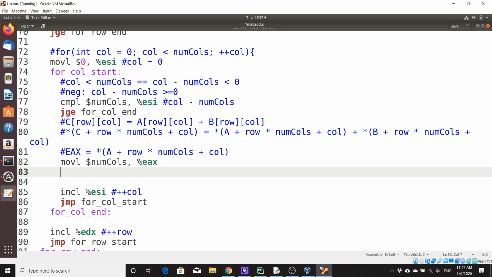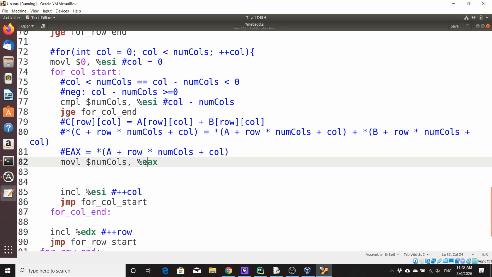I mean, does this expression involve num rows at all? Why do you want to put EDX into EAX? Well, I put number of columns into EAX, and we want to multiply.